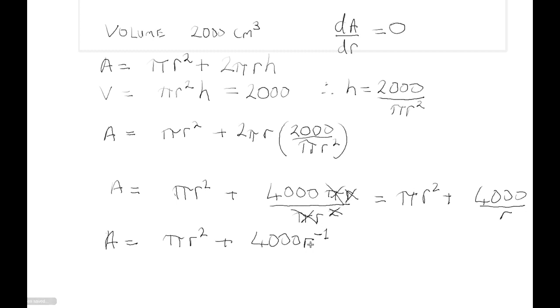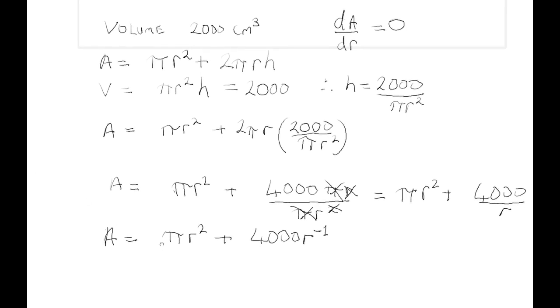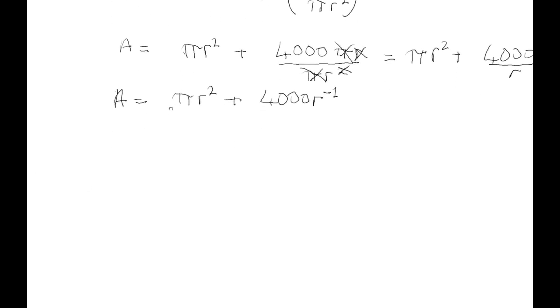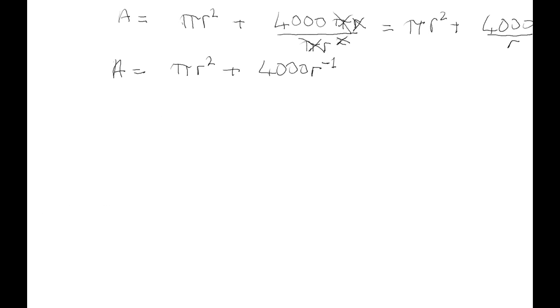I can now differentiate this. Okay, so now we've got our dA over dr equals, so what's the differentiation of pi r squared?